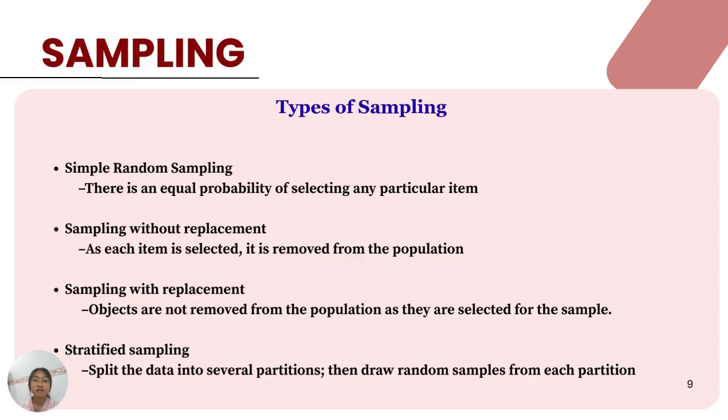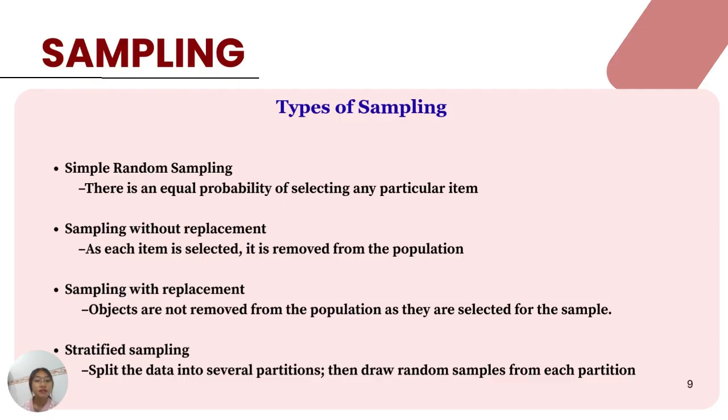These are the types of sampling. We have four types. First, simple random sampling, where there is an equal probability of selecting any particular item, which means that every member of the population has the same chance to be chosen. Another one is sampling without replacement: as each item is selected, it is removed from the population, which means that no item can be selected more than once in the same sampling.